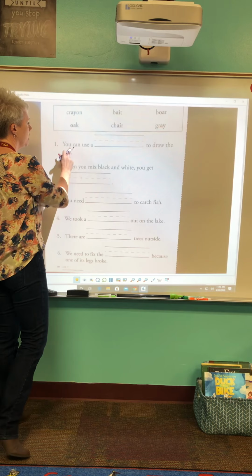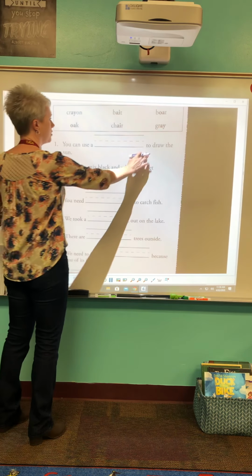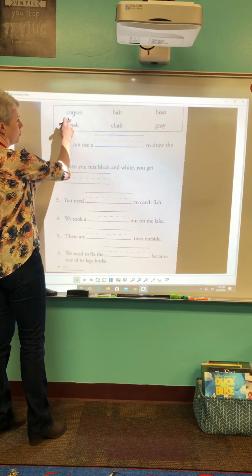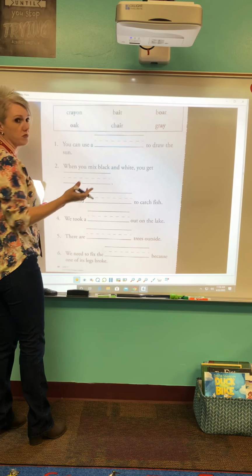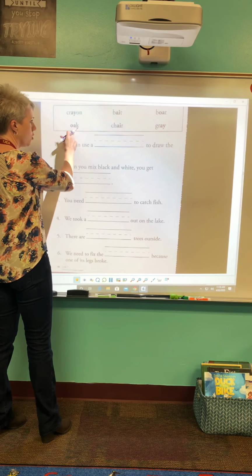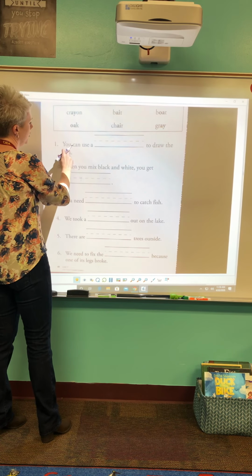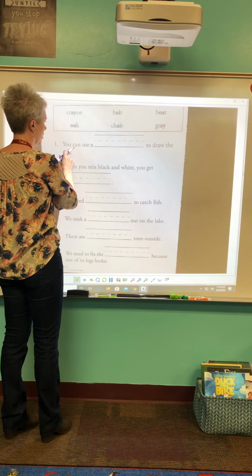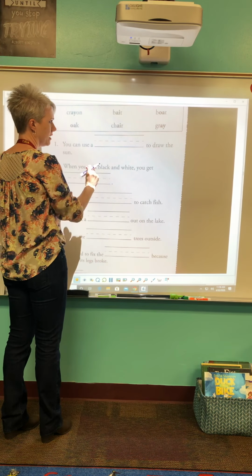Number 1, you can use a blank to draw the sun. You can use a crayon, probably, but let's check. You can use a oak. No. You can use a bait. No. You can use a chair.